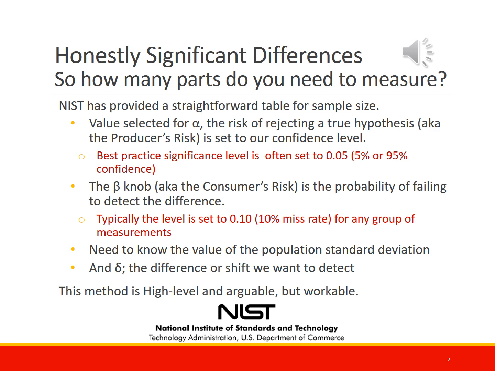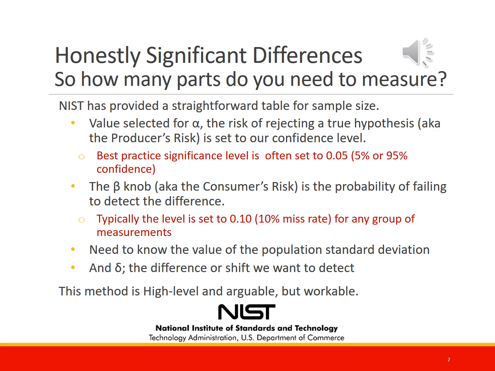Now, a couple more things. We need to know the value of the populations' standard deviations. If it's a goal, we'll know what we want the goal distribution's standard deviation to be. If it's the actual part, we can measure that and calculate that.